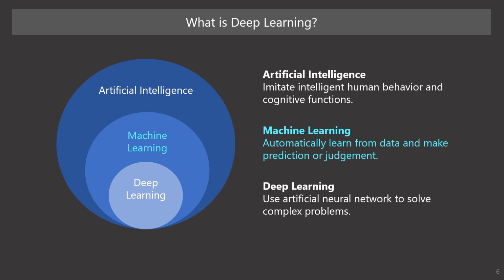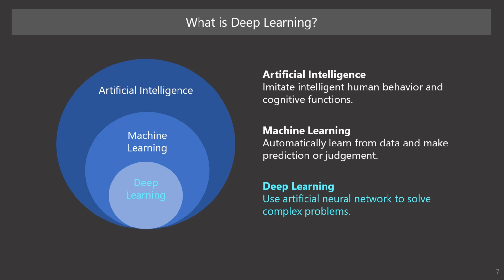Machine learning enables systems to learn from data automatically, that is, learn without being explicitly programmed. Machine learning is used to find patterns from data, and thus can be used to make predictions or judgment in various problems.